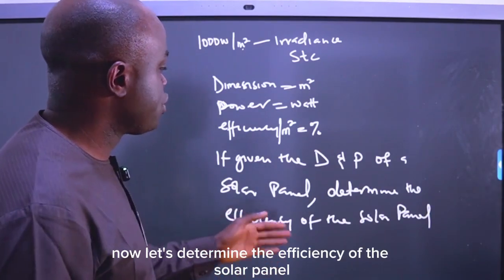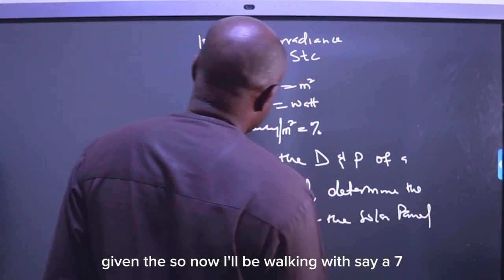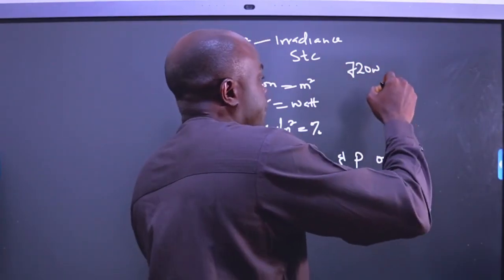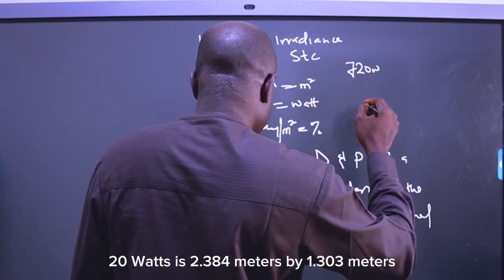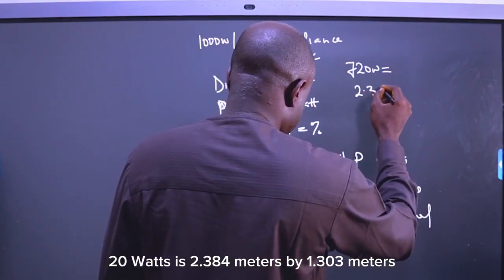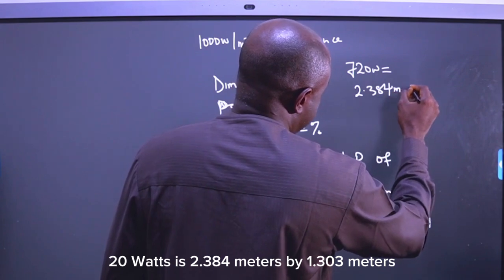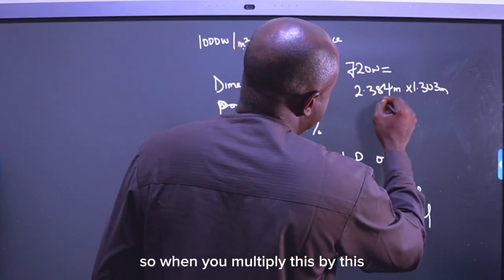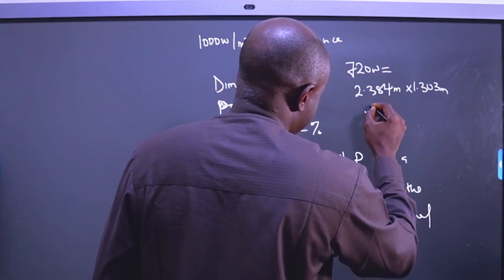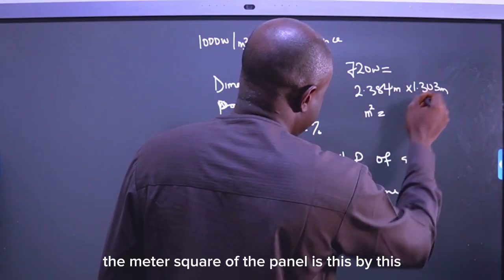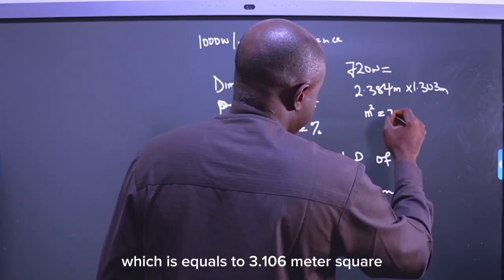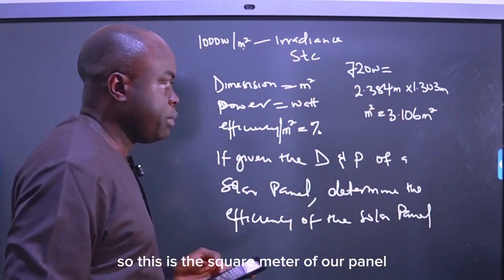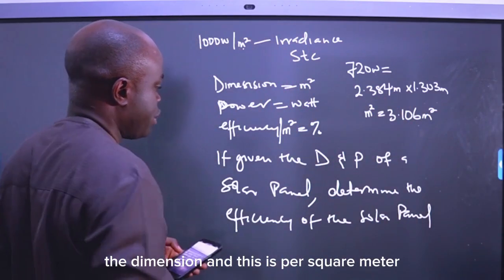So now we'll be working with, say, a 720 watts Jinko solar panel. The dimension of the 720 watts is 2.384 meters by 1.303 meters. So when you multiply this by this, it gives us our square meter. The meter square of the panel is this by this, which equals 3.106 meter squared.